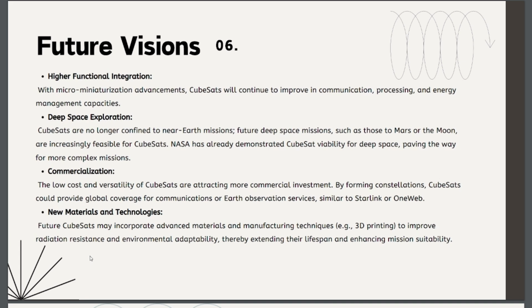And this part, new materials and technology can be used. Future CubeSats can incorporate advanced materials and manufacturing techniques such as 3D printing to improve radiation resistance and environmental adaptability in order to extend their lifespan and enhance mission suitability.